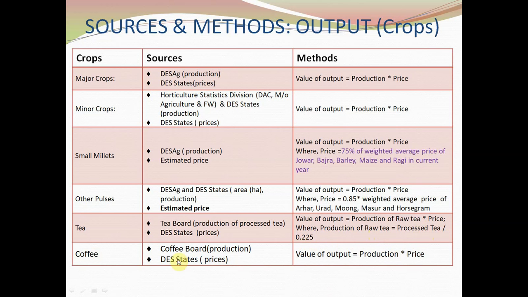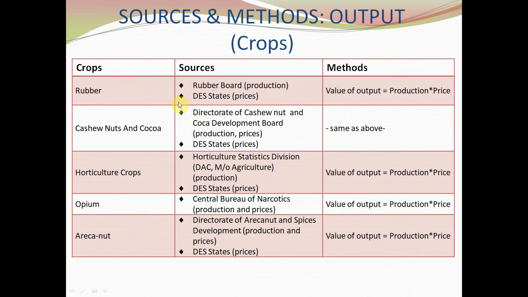Then coffee production data is taken from Coffee Board and prices are taken from DES states. Value of output is calculated by same method, which is production into price. Then rubber. Rubber is taken from Rubber Board for production data and DES states are providing prices. Value of output having same method.